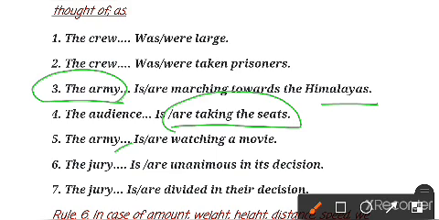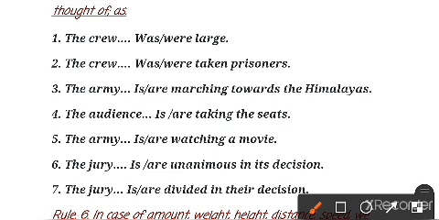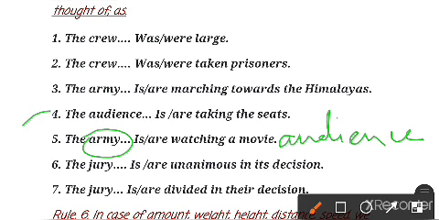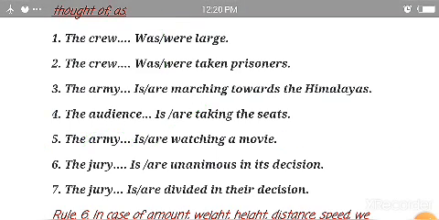Just wait students, please correct it, audience. Okay, that is just related to this sentence. The audience are taking the seats and the audience is watching a movie. So here will be are and here will be is. Okay, just wait now.